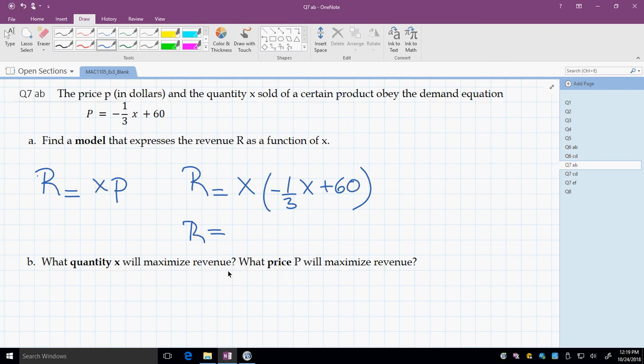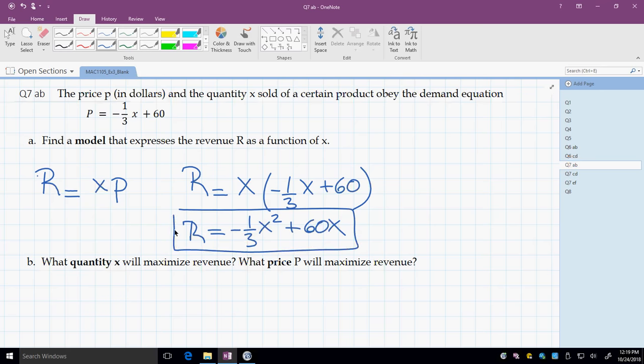X times negative 1/3 x is going to give us a negative 1/3 x squared. X times 60 is going to give us plus 60x. So that is going to be the model that expresses revenue.